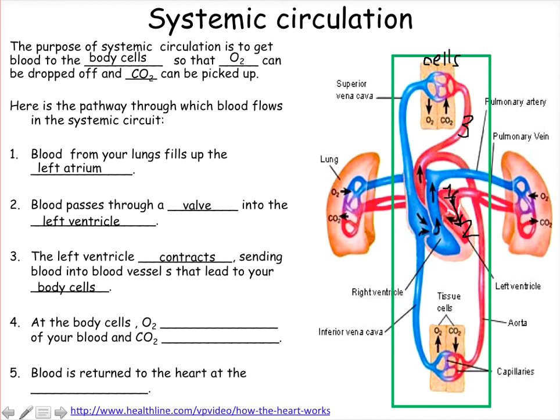And down here as well, more cells of your lower body. Okay, so when the left ventricle pumps, it's going to pump that blood from here into these blood vessels that lead eventually to all parts of your body.